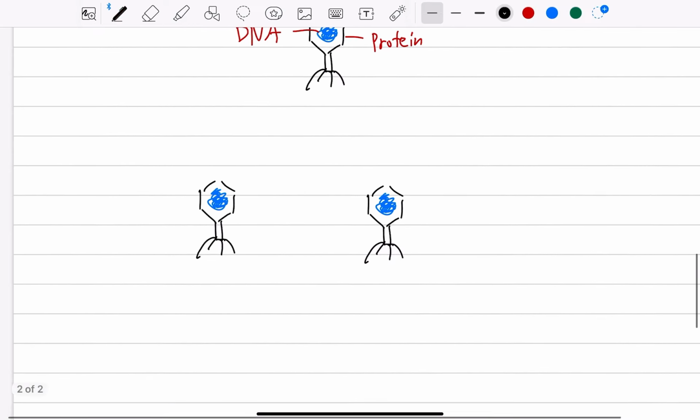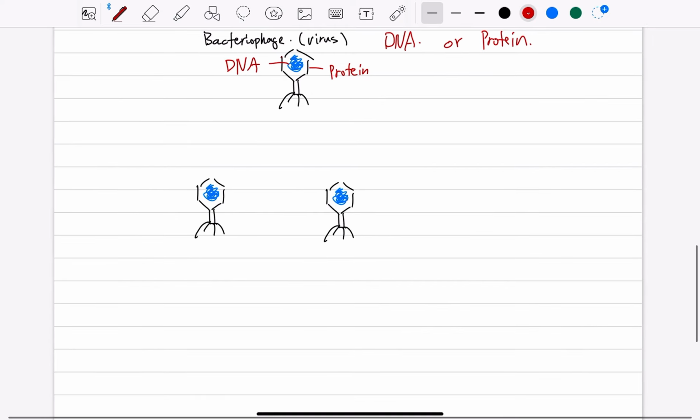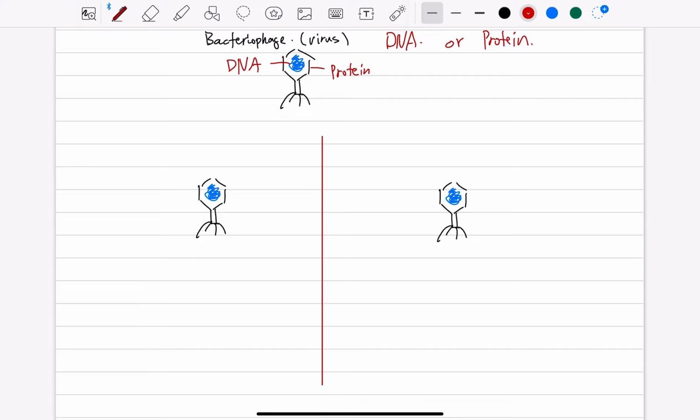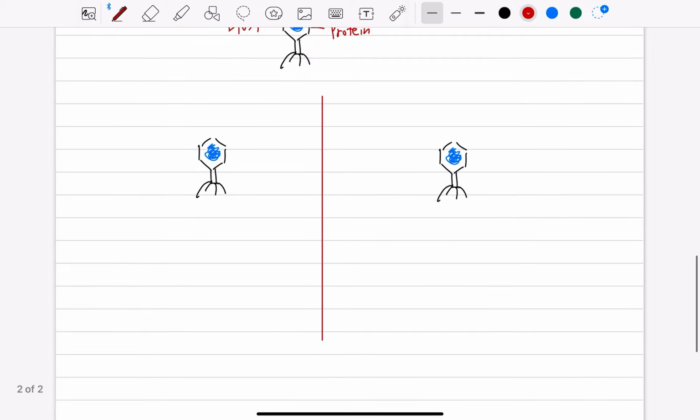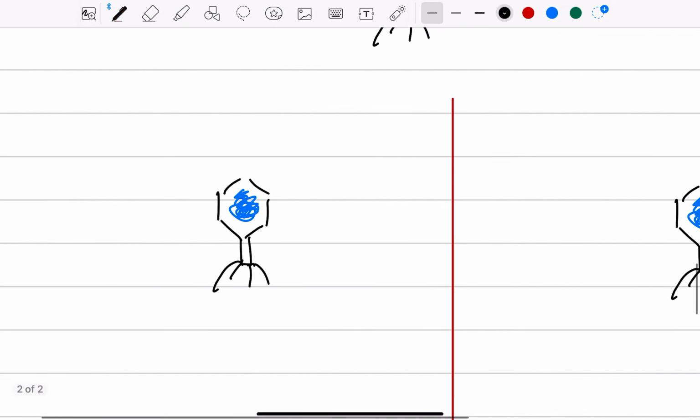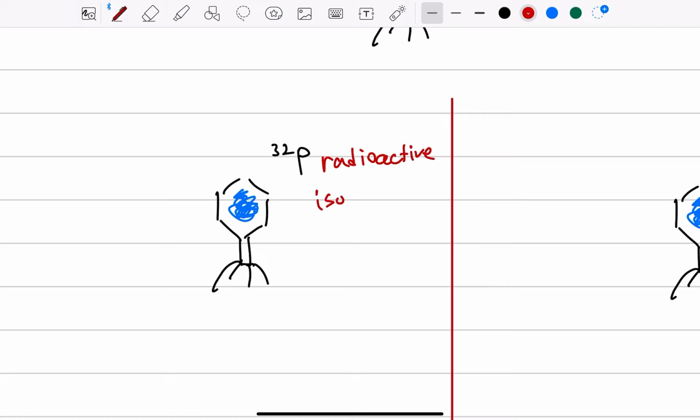Okay, so now we'll just divide this into two parts. They conducted two different experiments, or pretty much the same thing, but a bit different. In here, they labeled the DNA with phosphorus 32, and this is a radioactive isotope.